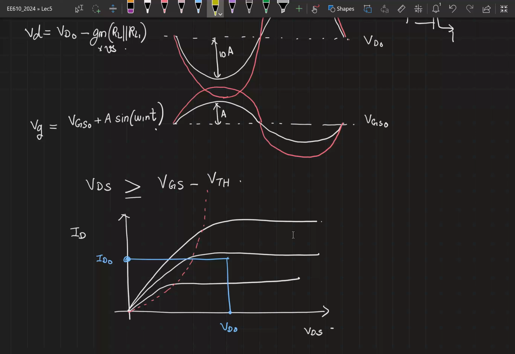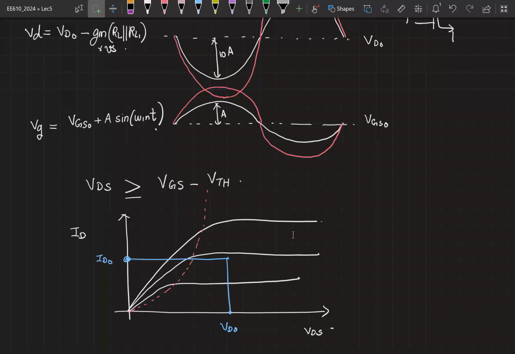The gate voltage has increased. VGS has increased, which means I should be moving up. Right? Now along with it, the drain voltage has reduced, which means I should also be moving left. So I have to move up as well as to left. So that seems to suggest that I am moving roughly in this direction.